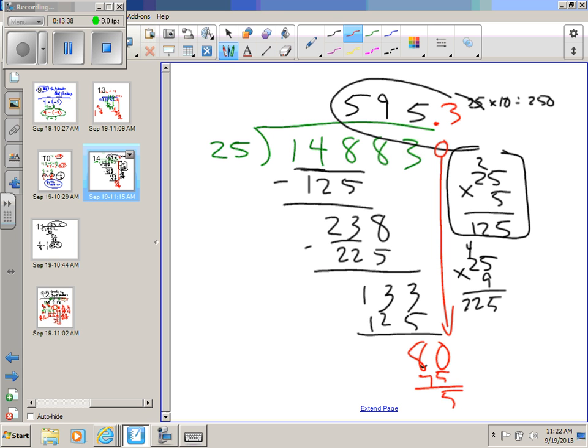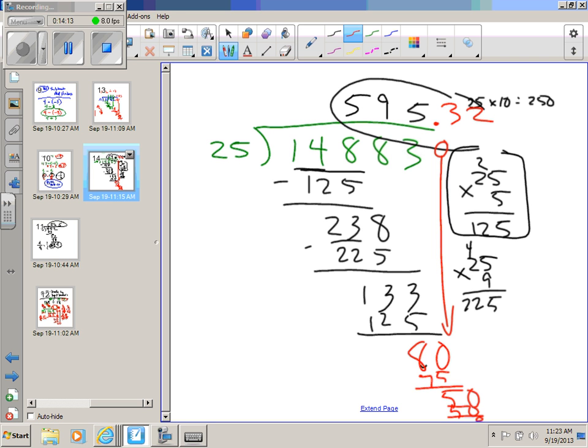And then how many times into 50? 2. There you go. Okay? Question? Okay. But you ended up with 595 remainder 8 or 595 and 32 hundredths?